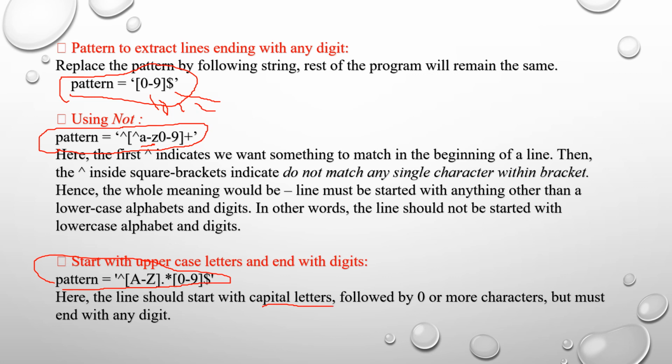Here I am specifying A to Z, followed by zero or more characters, but it must end with any digit. So I am using the dollar character, and before the dollar I am specifying 0 to 9, which are the digits. So this is the pattern: start with an uppercase letter and end with a digit.